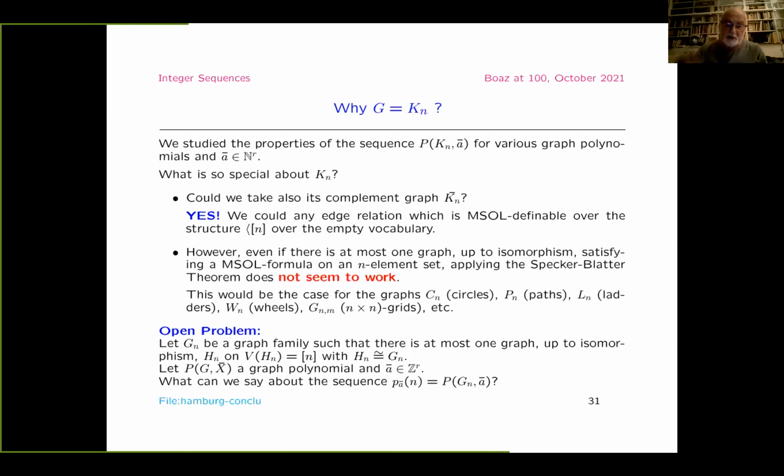So there is only one clique of size n, there is only one empty graph of size n, there is also only one cycle of size n, or one path of size n, or one ladder of size n, and so on. So it would be actually a natural question whether you can make a similar statement for cases like this, but it seems beyond our reach at the moment, and it remains an open problem.